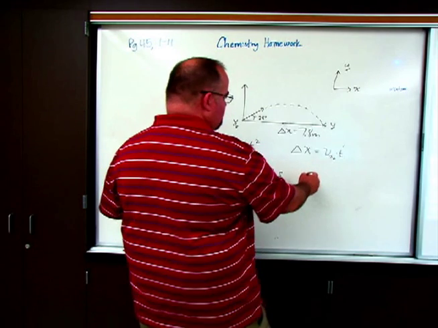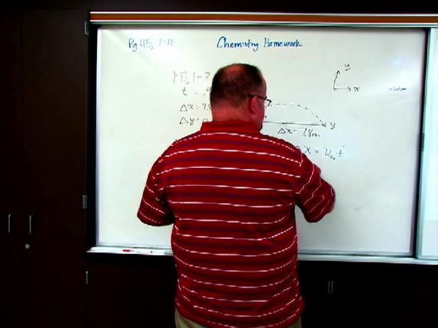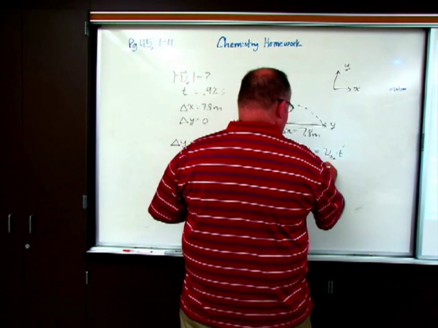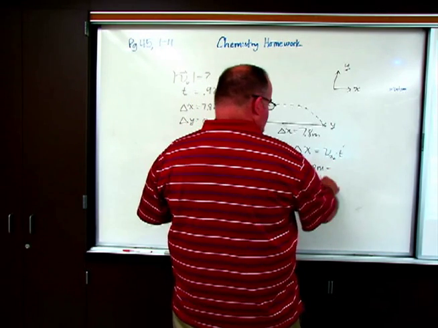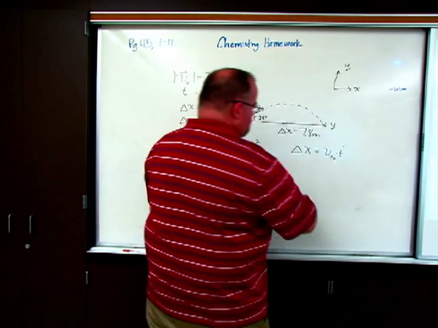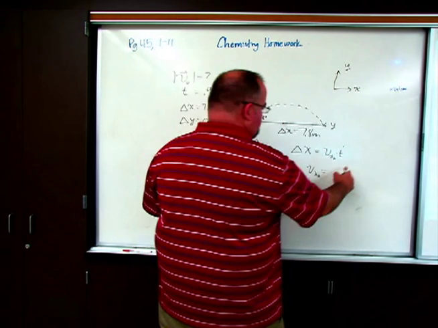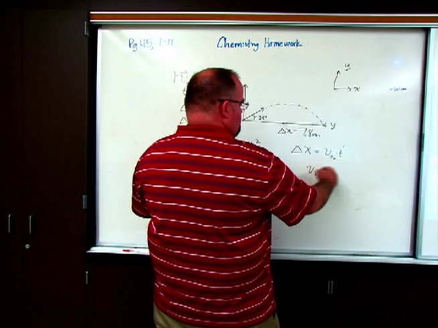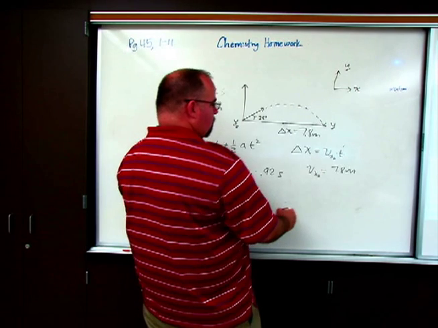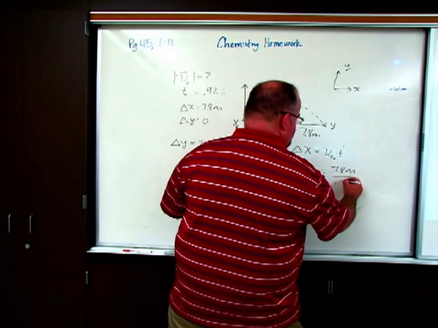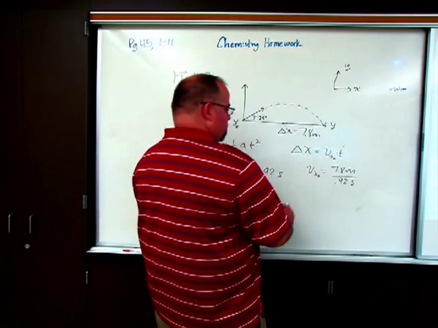Now I need to back substitute this in. This equals 7.8 meters. I need to rearrange this equation to solve for the initial v sub x. So it's delta x, which is 7.8 meters, divided by 0.92 seconds.